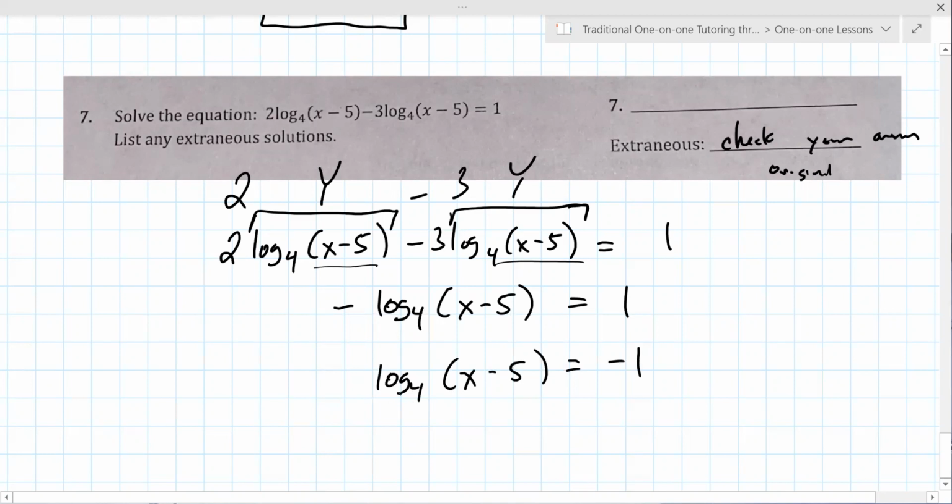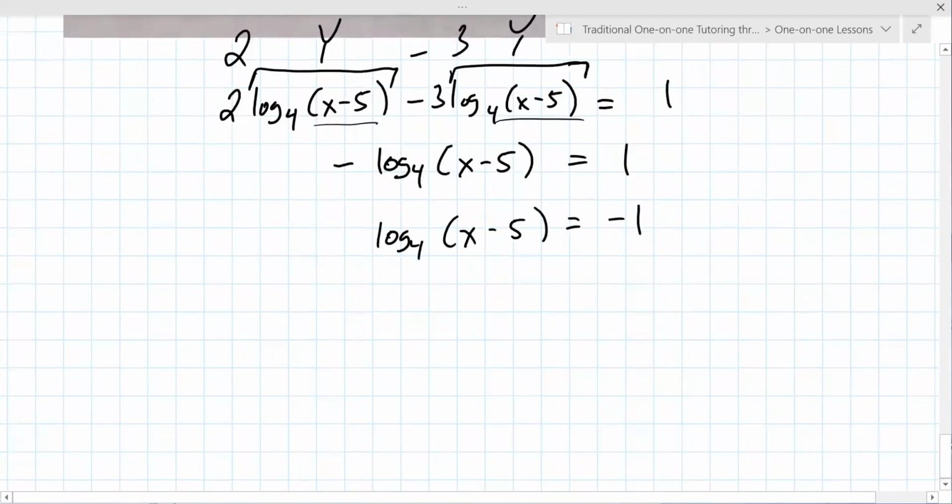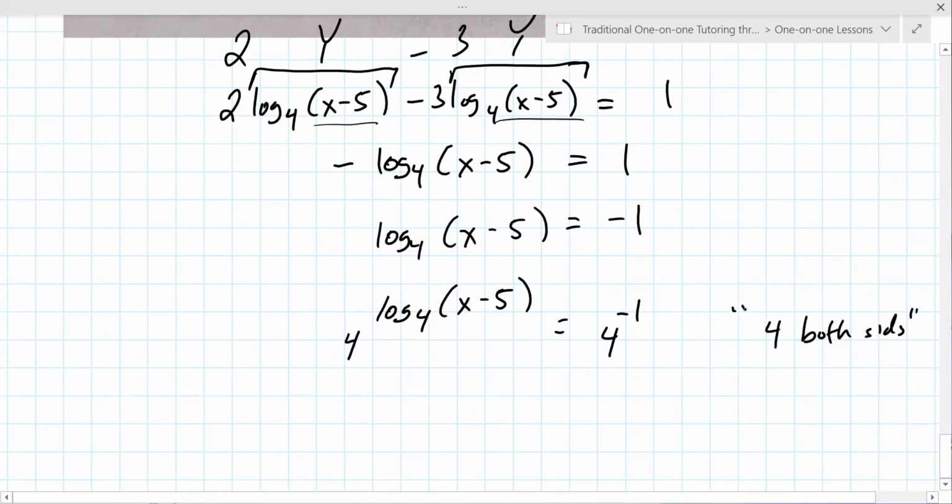Just like in the last problem, I said, how do you undo ln? And you said e. And then here I'm going to say, how do you undo log base 4? I'm going to write it. Use 4 as a base. 4 here equals 4 to the minus 1. So you 4 both sides, kind of, meaning 4 becomes the base on both sides. It's this number right here that's the base of the logarithm.